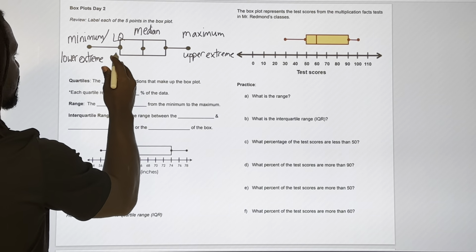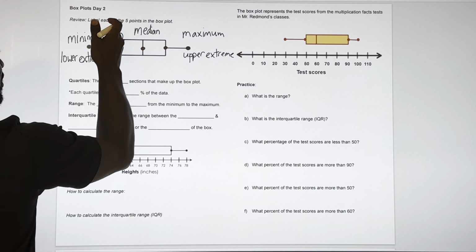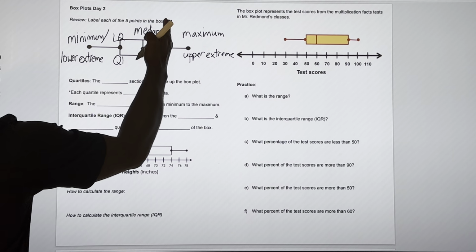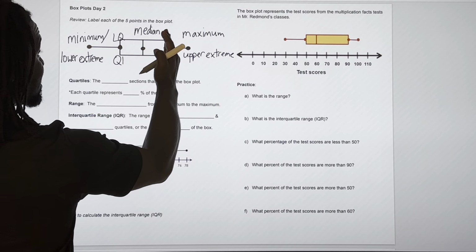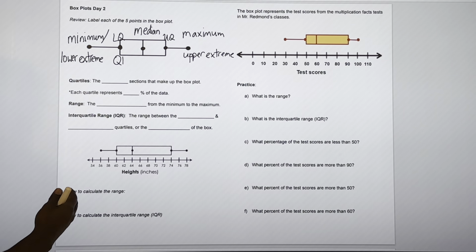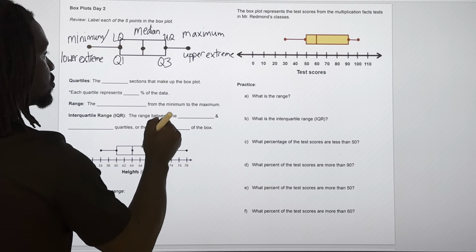Another name we use to refer to the lower quartile is Q1. And on the other side, the median of the upper half is the upper quartile, UQ for short. Another way you might hear that referred to is Q3.